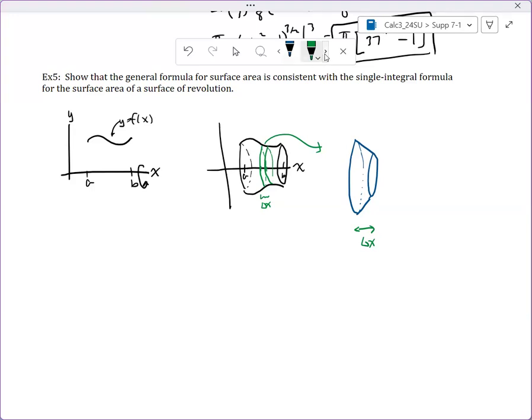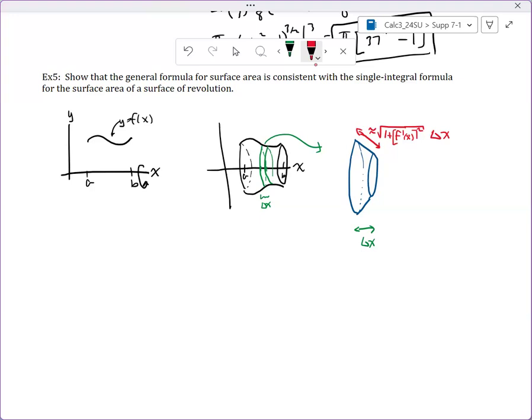One, I can estimate the along the curve distance. My distance in the direction of the x-axis is delta x. So then the along the curve distance is going to look like square root of 1 plus f prime of x squared, times delta x, approximately, until we take a limit.